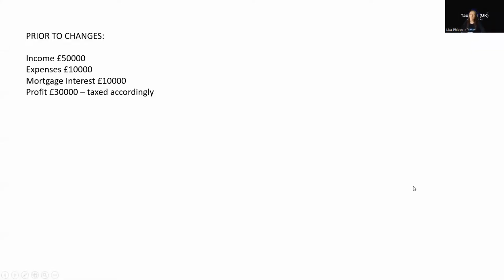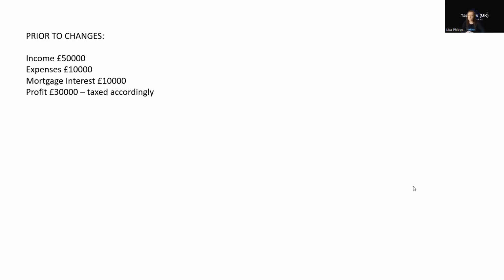So I've just shown my screen so I can run through an actual example with figures, because it's much easier to understand once we can actually see some figures and see the workings. So prior to the changes, let's say, for example, you had rental income of £50,000 and general expenses of £10,000.